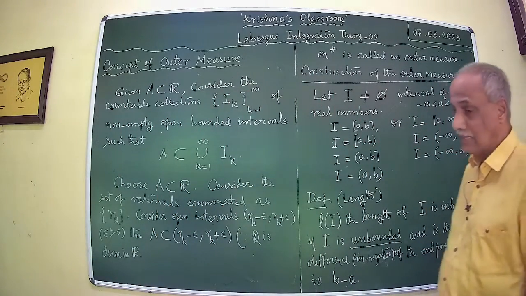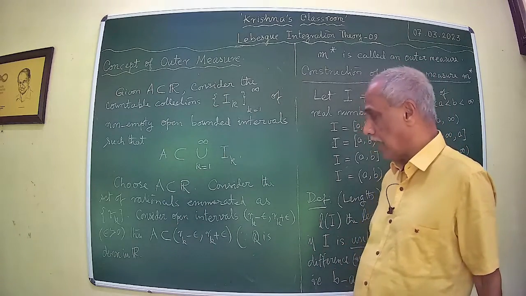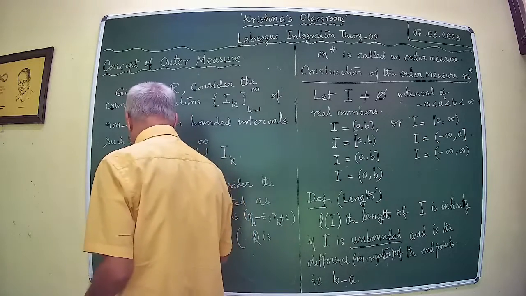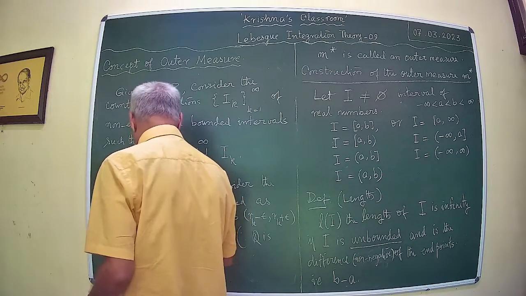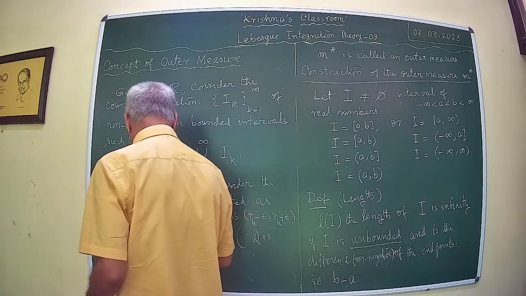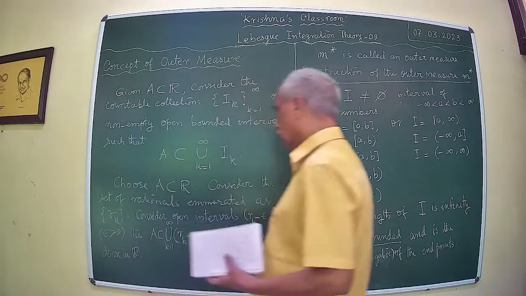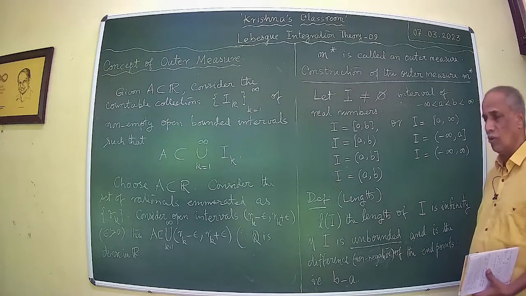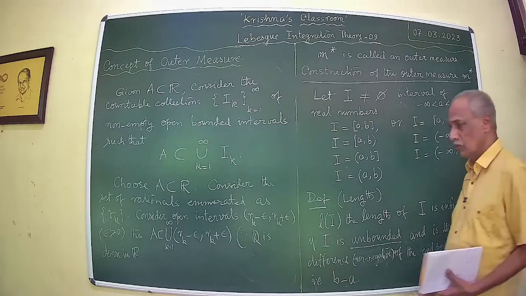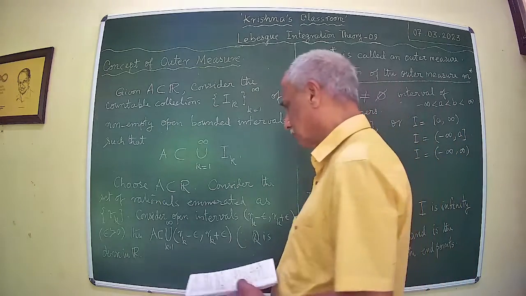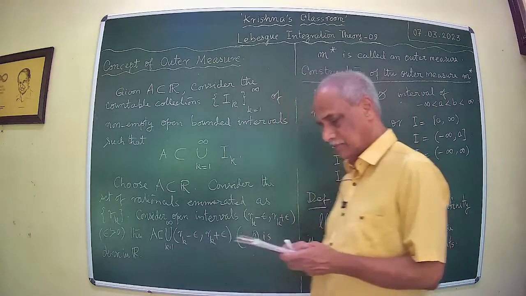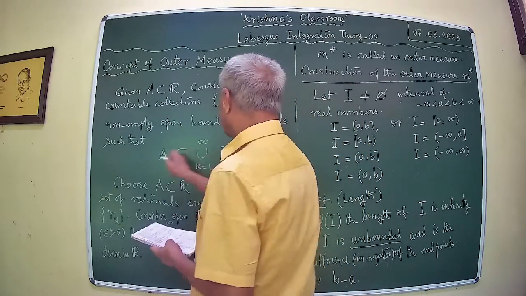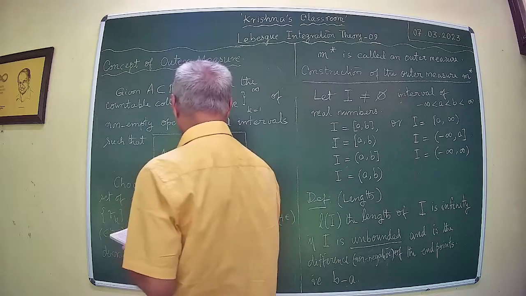Therefore, A can always be put inside a countable collection of open intervals. Okay, right? Therefore, we have seen this covering.